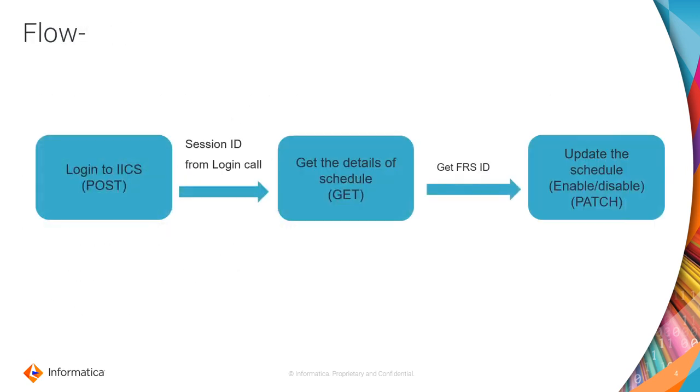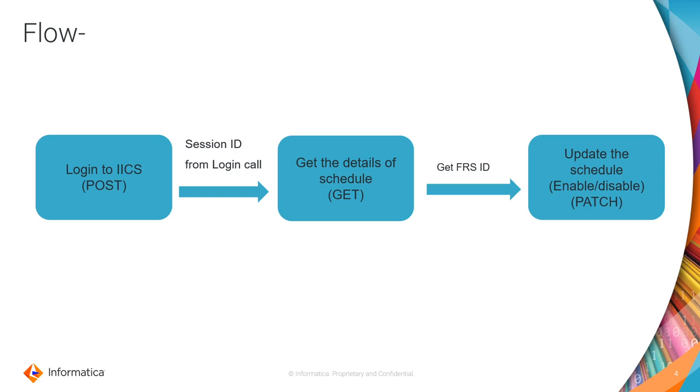We'll quickly see the flow. To update the schedule, firstly you will have to log into IICS using a post call where you will have to provide username and password, and then once you get a session ID from the login call, take that session ID and in the next call get the details of the schedule.